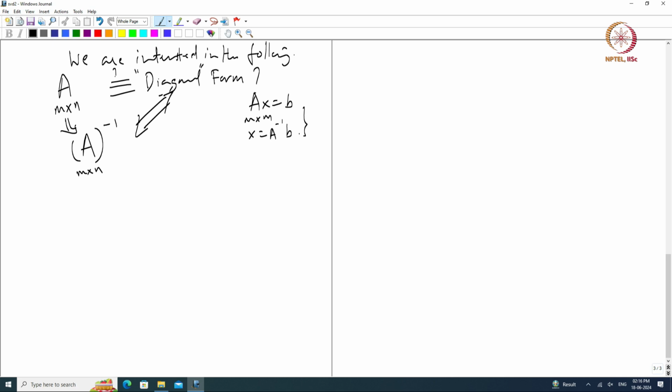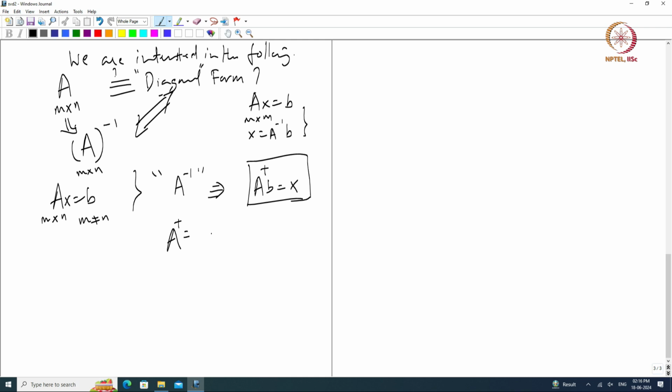So, I basically want to again look at solving the problem A x equal to B, M cross n with M not equal to n, by some idea of A inverse for this, which is equivalent to A inverse B equal to X. Of course, we saw this generalized inverse to be A transpose A inverse A transpose.